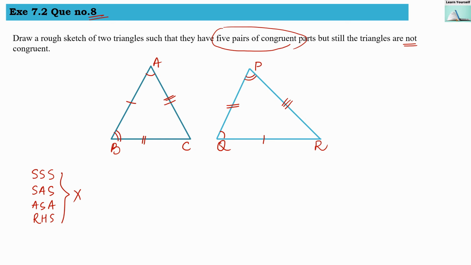So we have marked here 5 criteria, that 3 sides and 2 pairs of angles are congruent with each other, but they are not fitting into any of the criteria side, side, side, side, angle, angle, and RHS. So these two triangles are not congruent with each other.